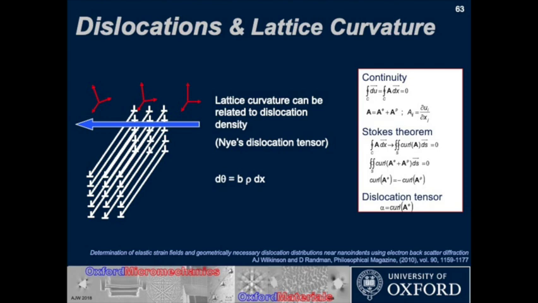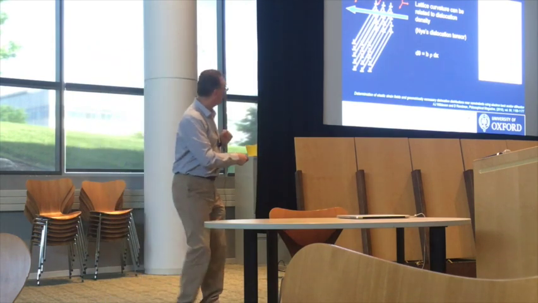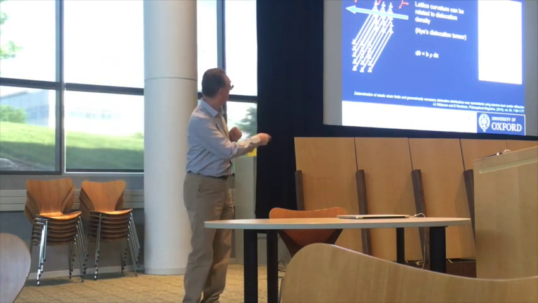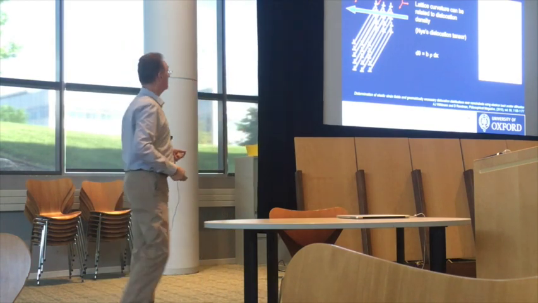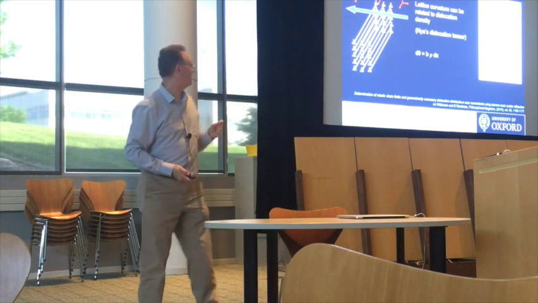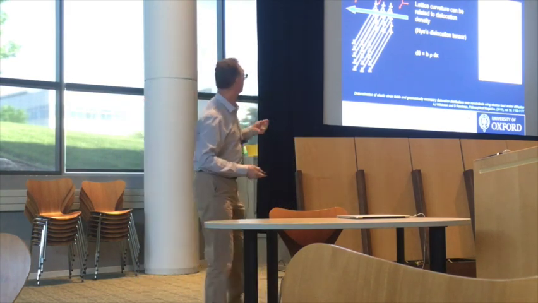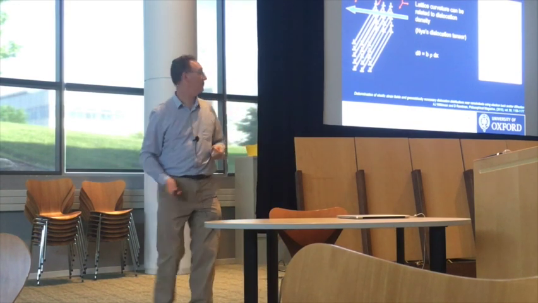And you can either do it with a picture and recourse to angles of tilt around a low angle boundary, or you can do it properly mathematically in here using Nye's dislocation tensor and the curl of A. So A is our distortion vector.